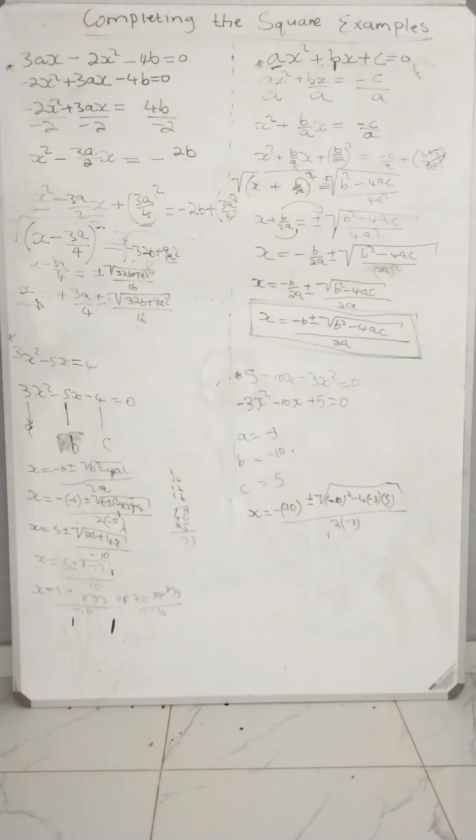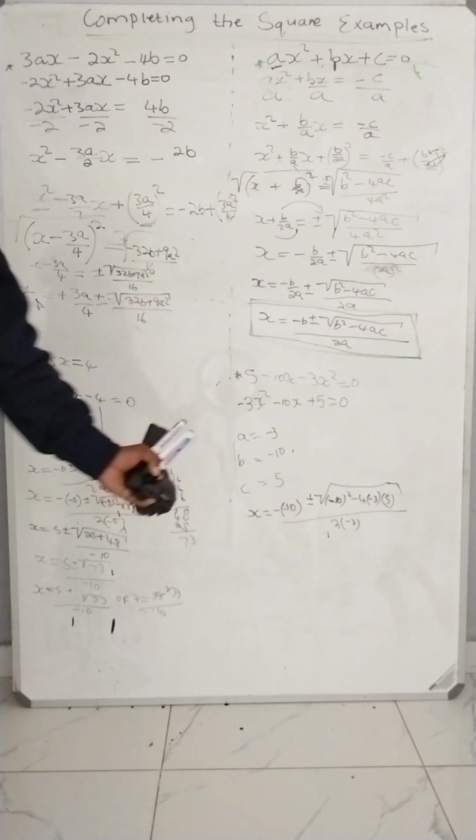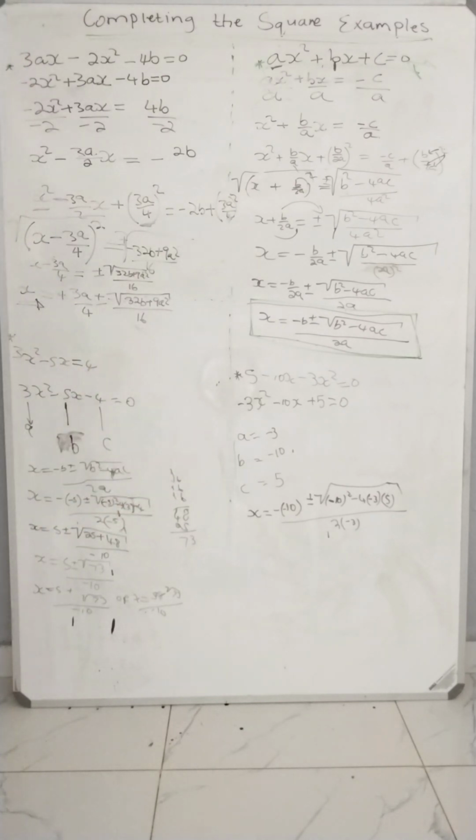Okay, so you can put it as it is in a calculator, the positive and the negative, and then you can continue and work it out, and then you will surely find the answer. All right, so that's how you go about the quadratic equation in the quadratic formula.